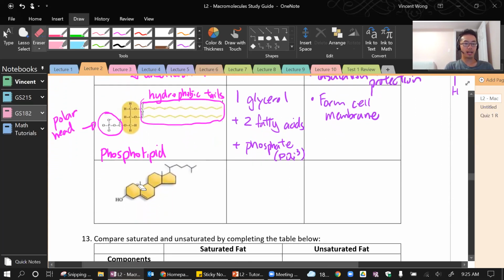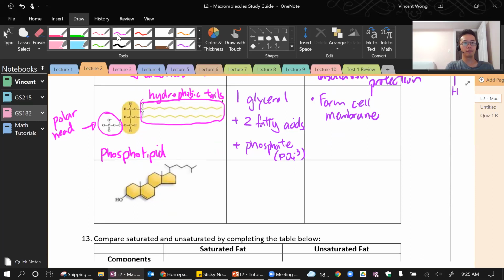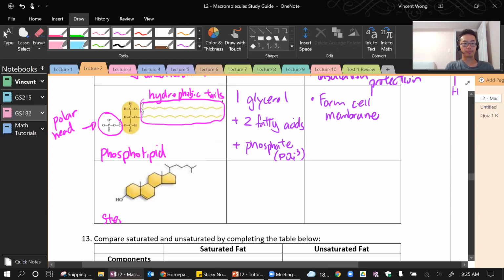Next here, we have a bunch of rings. Each corner of the ring represents a carbon. Usually people don't draw them. So this is an example of a steroid. Our body makes natural steroids, and steroids basically have these 4 distinct carbon rings.